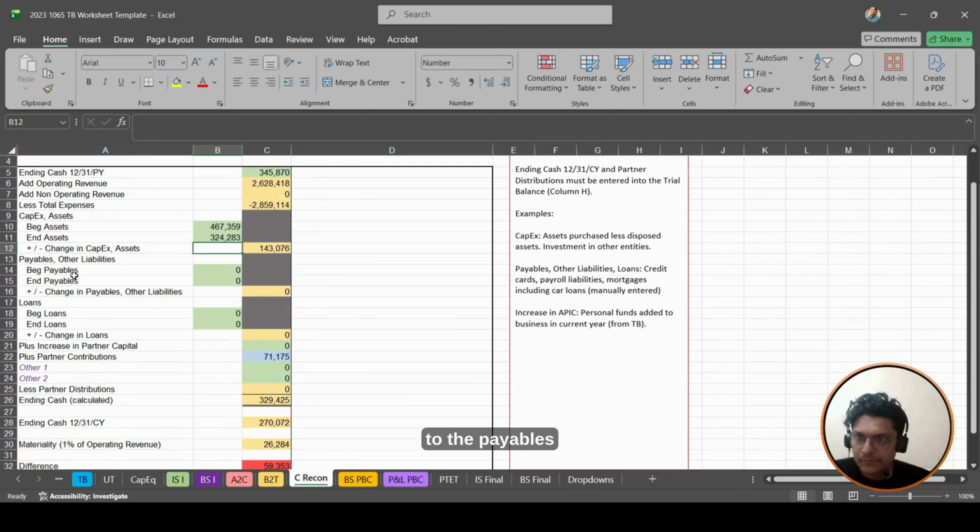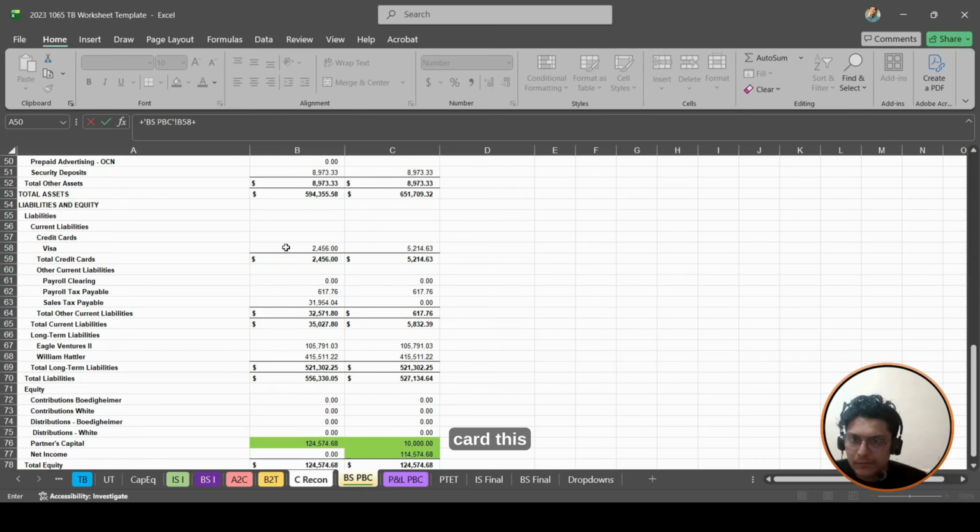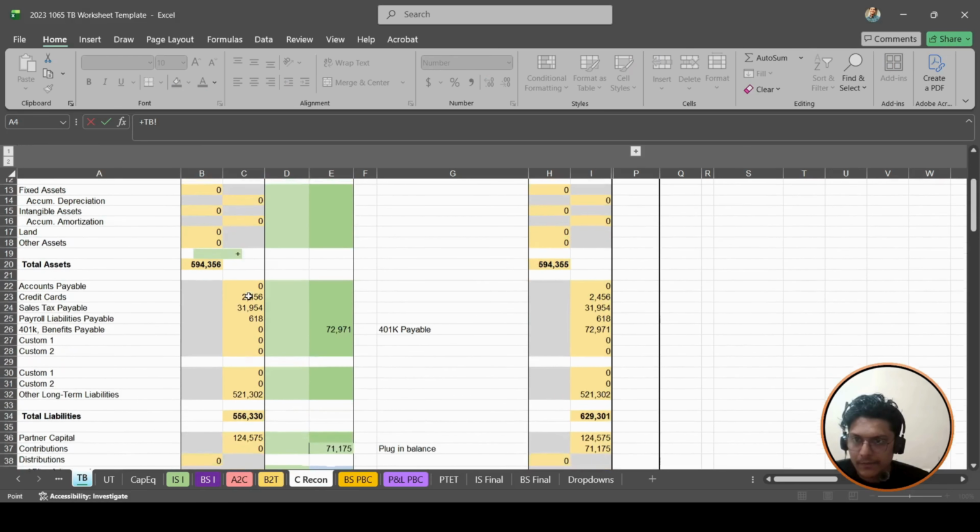Coming to the payables, credit card, this other current liabilities, 5,028, and this is the ending payable from trial balance.